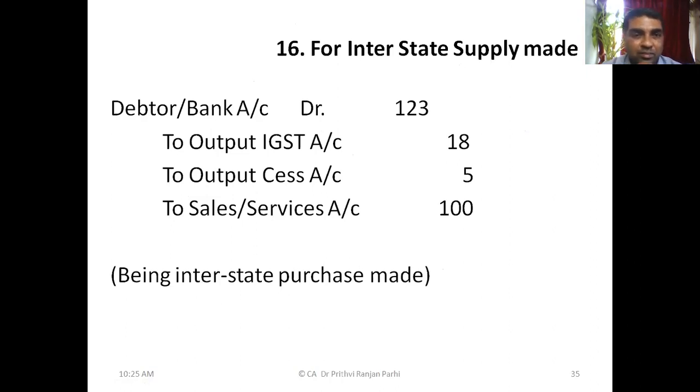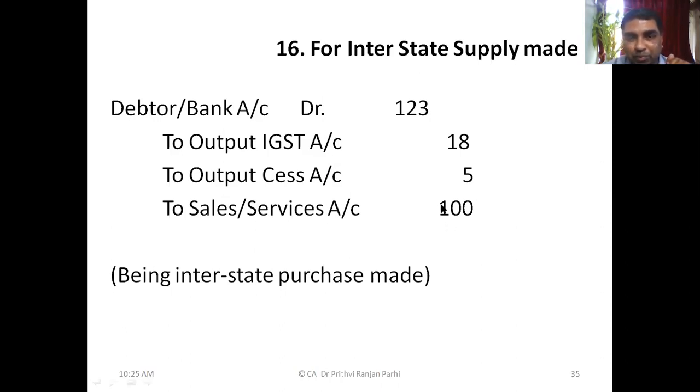Then for interstate supply, the previous one was intrastate. For interstate supply, debtors or bank account is debited, to output IGST account and to output sales account. Since it is interstate, IGST account will be credited along with sales and services account.